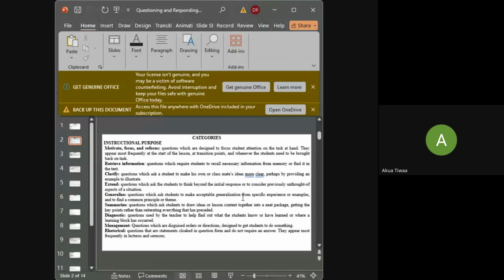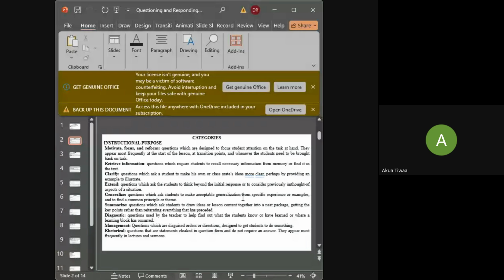And then we use questions during the instructional period to generalize: questions which ask students to make acceptable generalizations from specific experiences or examples, and to find a common principle or theme. And then we use questions to summarize, as in, summarize this lesson for us.